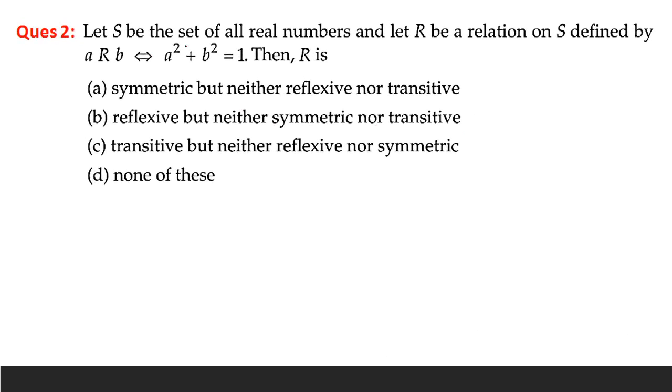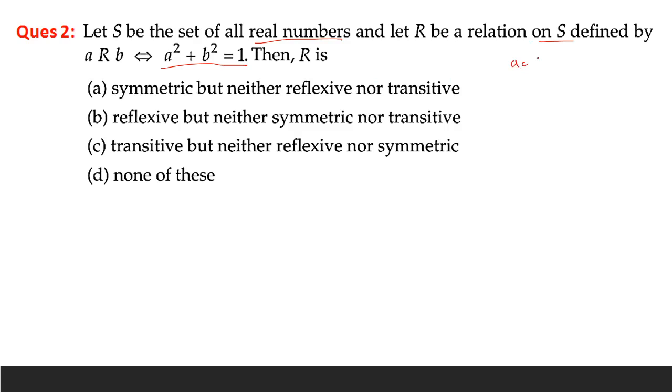Question number 2. Let S be the set of all real numbers and R be the relation on S defined by a squared plus b squared equals 1. Then R is what? S is the set of all real numbers, right? And we have the sum of squares of two numbers equal to 1.